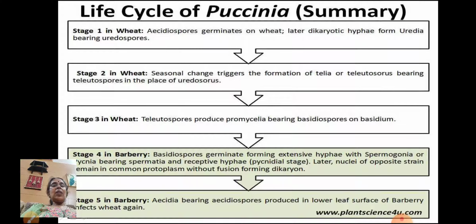On the barberry plant these basidiospores germinate and produce the Spermogonia or Pycnia bearing the spermatium and the receptive hypha. The nuclei of the opposite strain remain in common protoplasm without fusion, forming the dikaryon. Then in the same barberry plant, Aecidial cups are produced, which produce the aeciospores on the lower surface of the barberry leaf, and these aeciospores again reinfect the wheat plant.